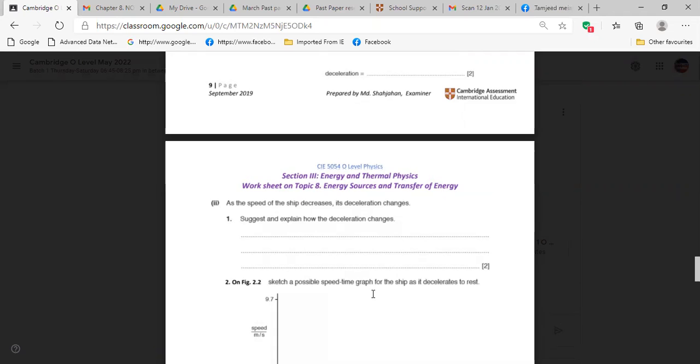The more you have the speed, the more the resistive force, isn't it? Yes, sir. The same thing is happening for the water and ship. As the speed of the ship is decreasing, the resistive force from the water is also decreasing. That's why the deceleration is also decreasing. Is it clear?